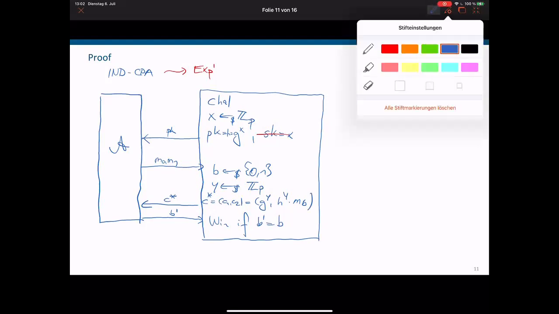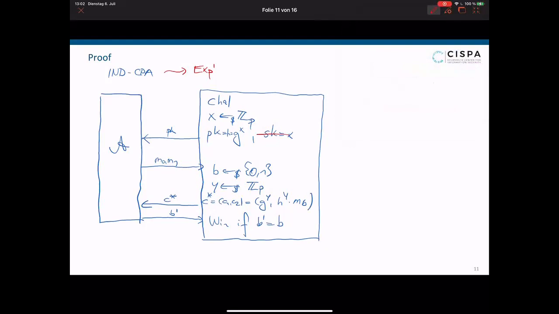But now the next thing that I'm doing is, here I'm not using H to the Y, but instead G to the R, where I'm also choosing R uniformly random from ZP. Okay, so instead of multiplying my message MB with H to the Y, I'm multiplying it with G to the R.